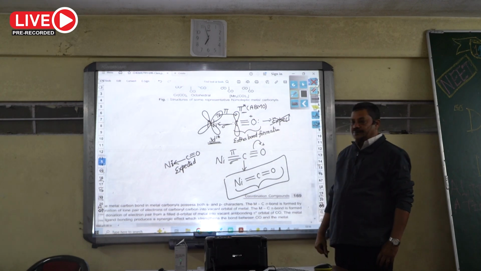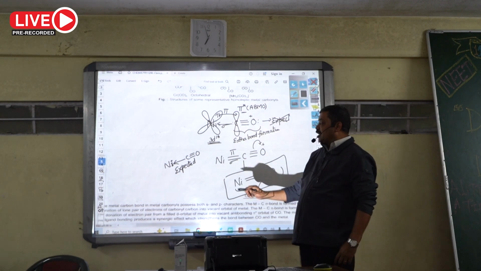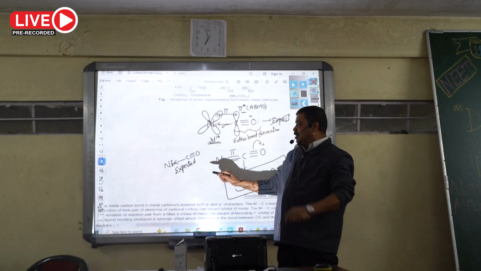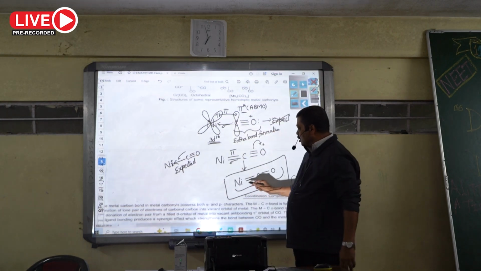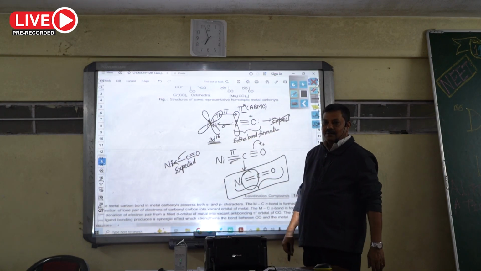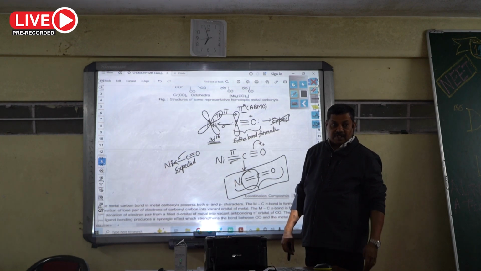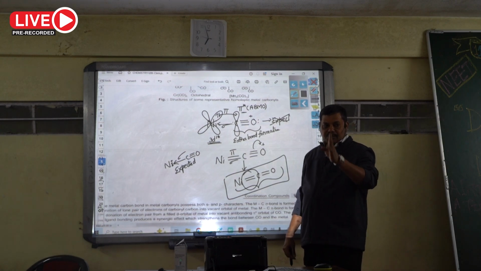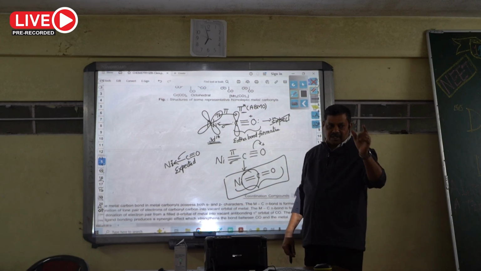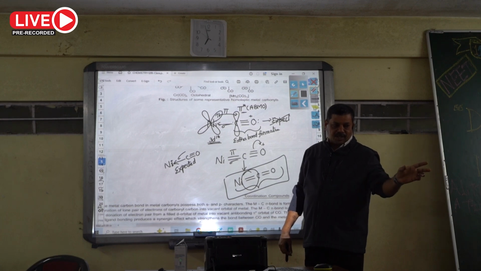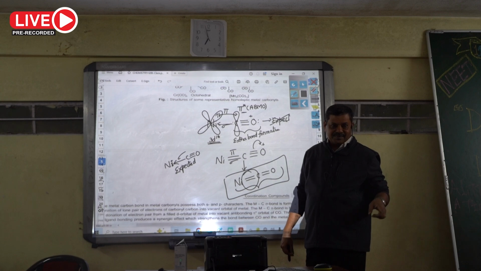When a single bond becomes a double bond, the bond energy increases. That is called a synergic effect. In matching type questions, synergic effect in one column, metal carbonyl in another column, you have to match it. What is called a synergic effect?